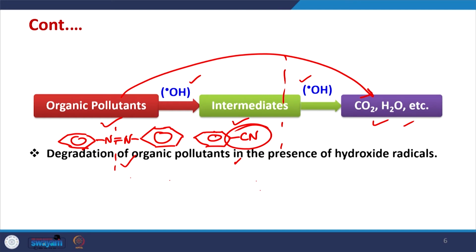But most of the AOPs generally work very well and help in converting these organic pollutants into CO2 and H2O, which is what is desirable. So, this is the working principle of AOPs.